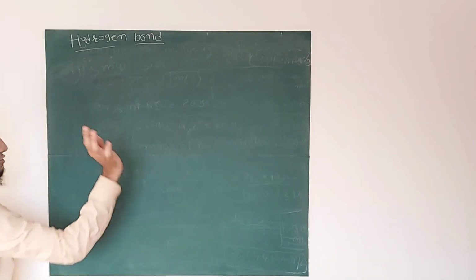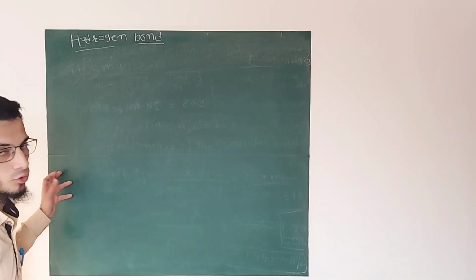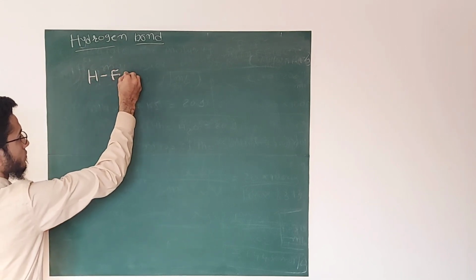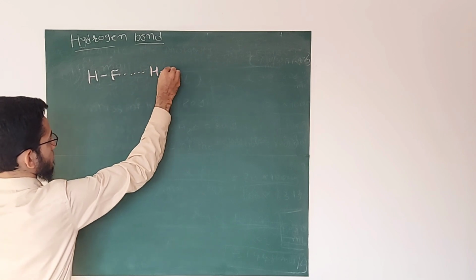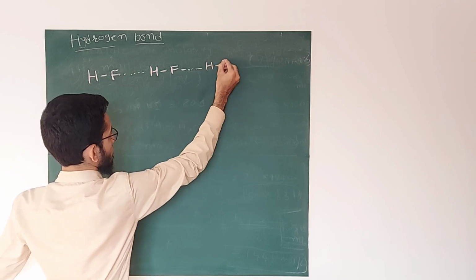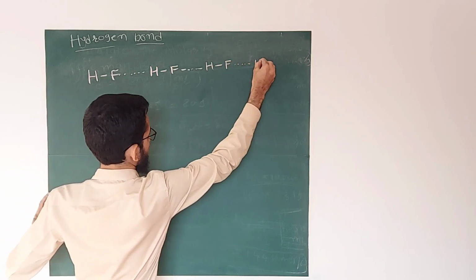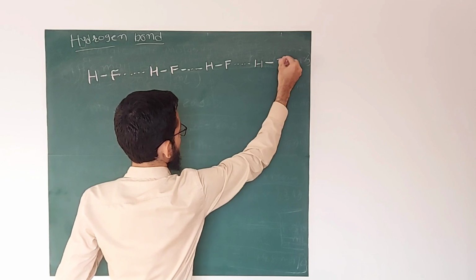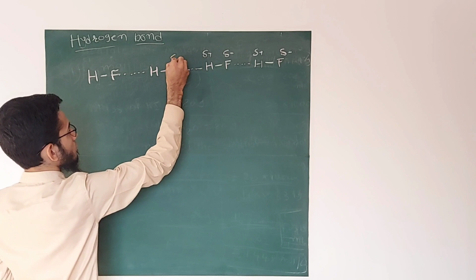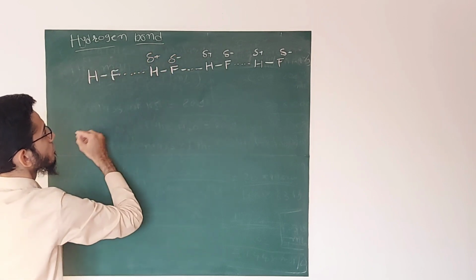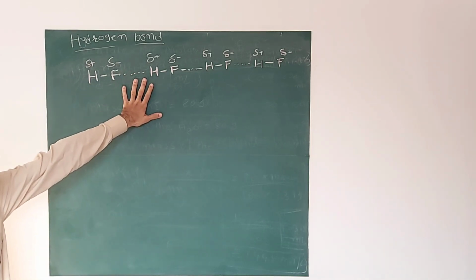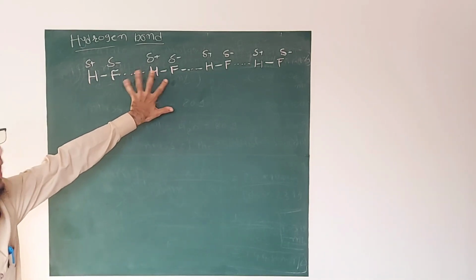So the first example I have already given you is hydrogen fluoride. First of all I am taking hydrogen fluoride. Here you can see that one hydrogen fluoride will make two hydrogen bonds.